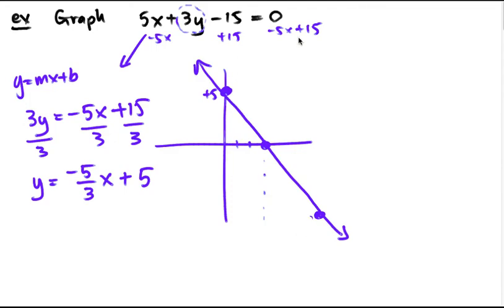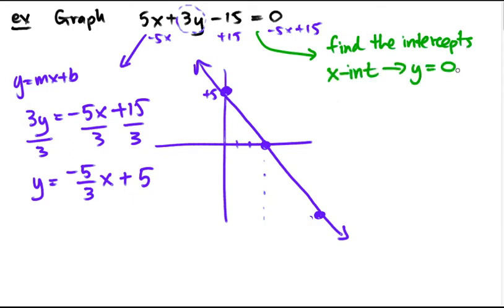The alternate way of doing this is to find the intercepts, and I said this was a little bit faster. It's a little faster, but it is a little tiny bit trickier. So last day I mentioned that when you want to find intercepts, you can plug in for the x-intercept.